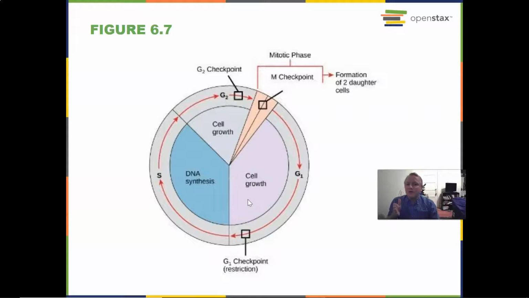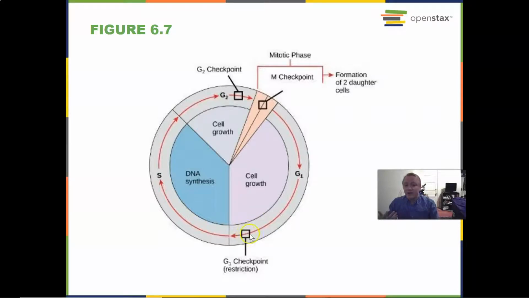So in the G1 checkpoint, you're checking not only to make sure that the DNA is good, because again, you don't want two messed up copies of a cell. You're also checking that the cell has enough energy to undergo this duplication, and that we have enough of the materials required.